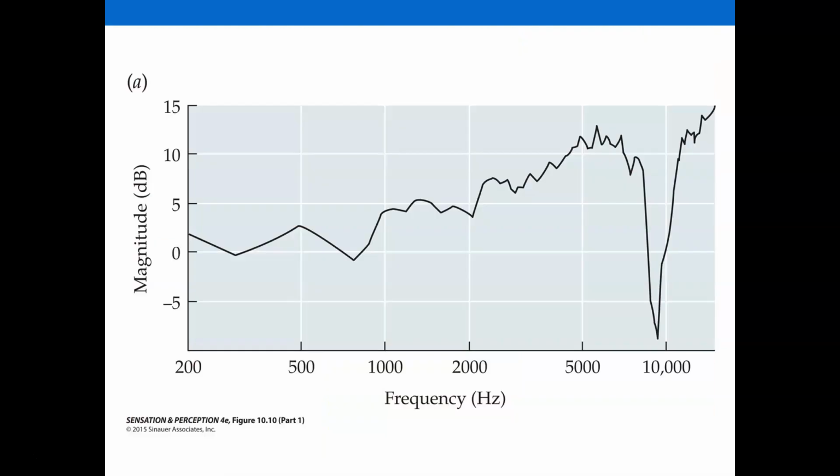Now, what you're looking at here are directional transfer functions. You are basically looking at measurements at the eardrum for sounds being played over a speaker about 30 degrees to the left and about 12 degrees up from the head. You have magnitude, intensity, plotted against frequency.